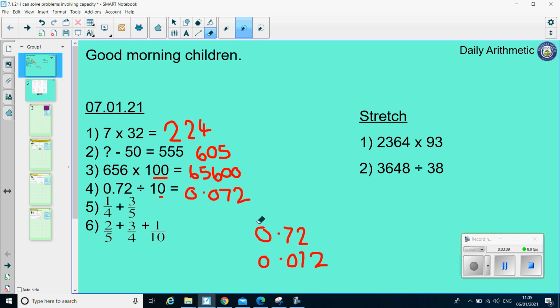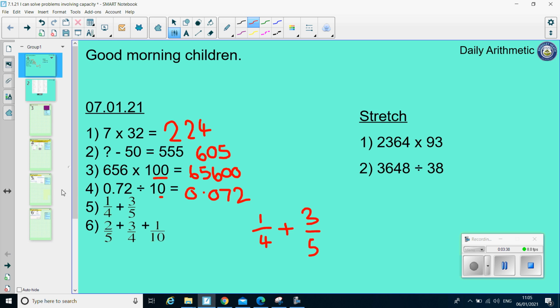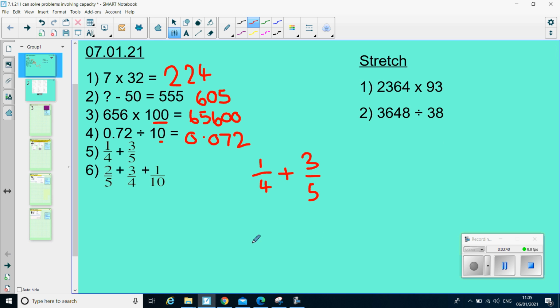Okay, question number 5 then. Getting to the trickier questions now. If you remember, for this kind of question, when we're adding fractions, we can't add fractions until we have a common denominator. So just like yesterday, our common denominator here is going to be 20, because 20 is in the 4 times table and it's in the 5 times table. So I'm going to write those original fractions out again. And then underneath I'm going to write them out with a denominator of 20.